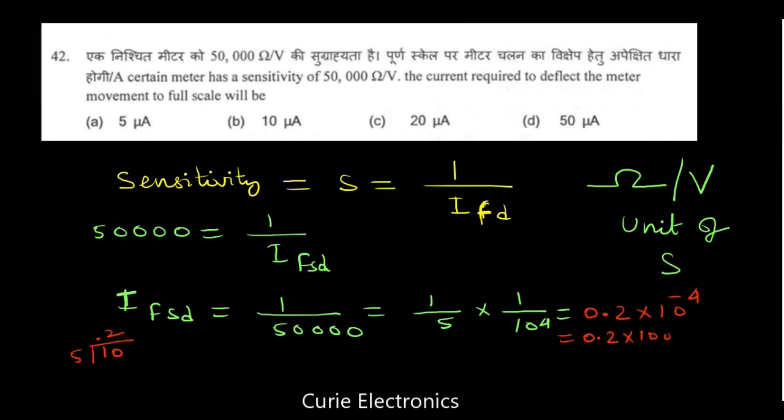That gives 20 multiplied by 10 to the power minus 6 amps. So the final answer is 20 microamps.